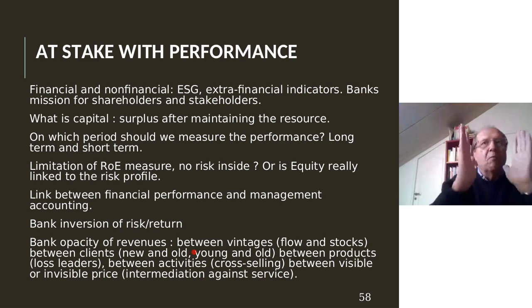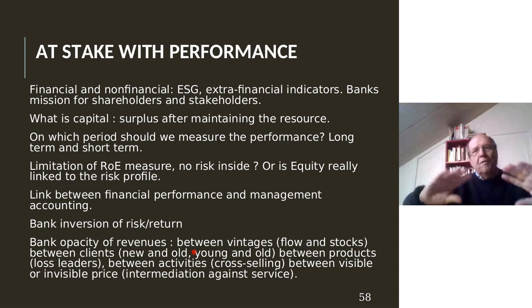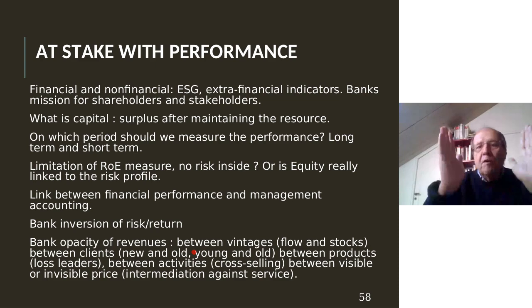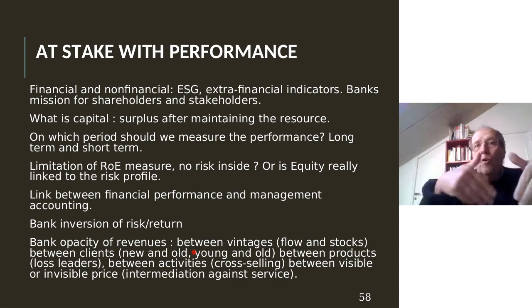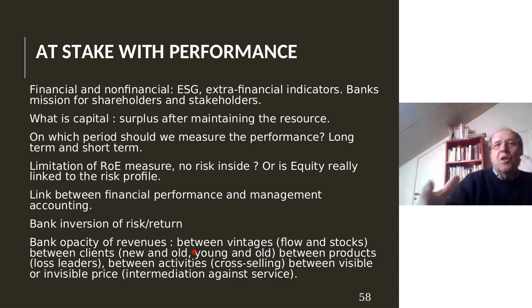Which means that within the revenue line, you have a mix of revenue which were linked to something you have done 5 years ago, or even 10 years if it's a mortgage, and the revenue of the year. So it's a mix of the revenue which came from the flow this year, and the revenue which is coming from the stock, from the fact that you had activities over years. And that makes the analysis very complex.